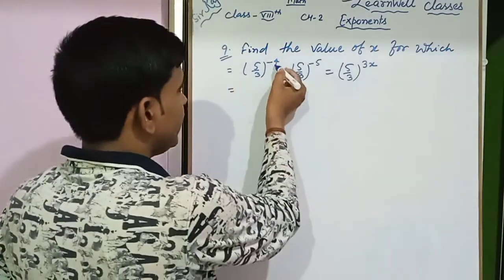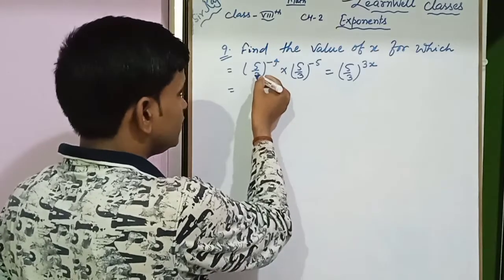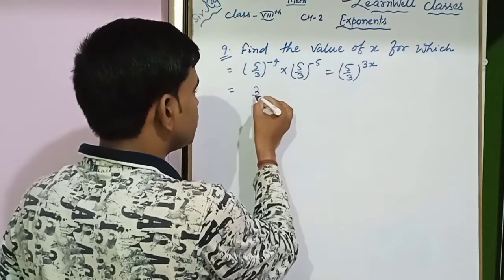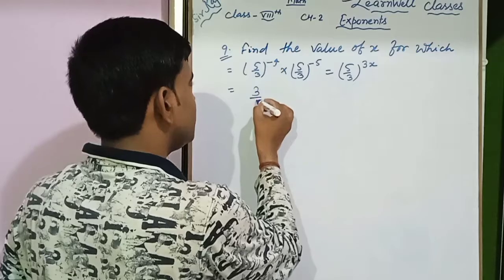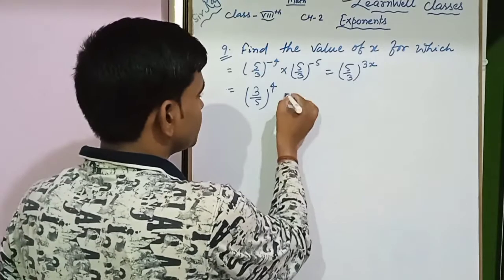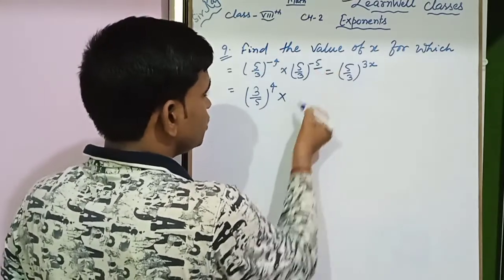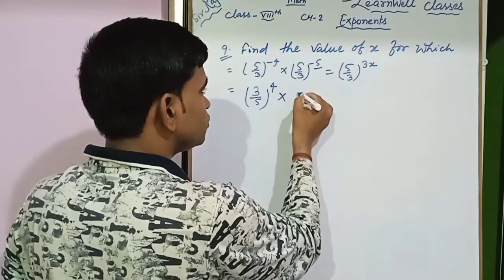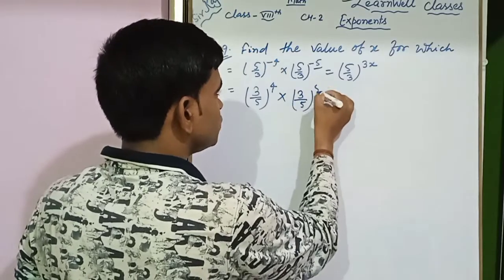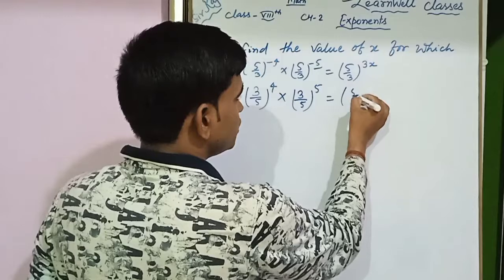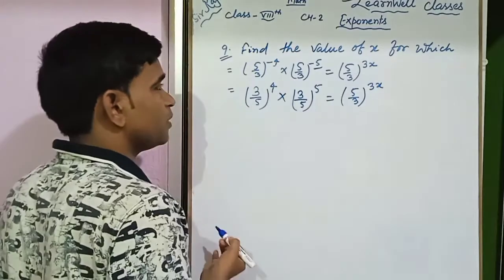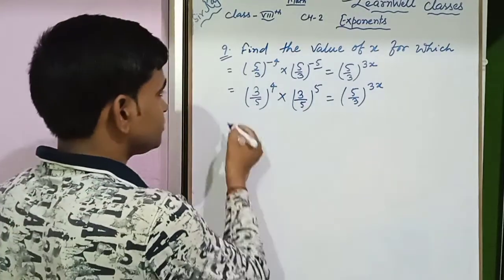When the exponent is minus form, the number goes to reciprocal form, so it changes to 3 upon 5 raised to the power 4 into, when the exponent is negative, it will be changed into reciprocal form, 3 upon 5 raised to the power 5 is equal to 5 upon 3 raised to the power 3x. We have to find the value of x.